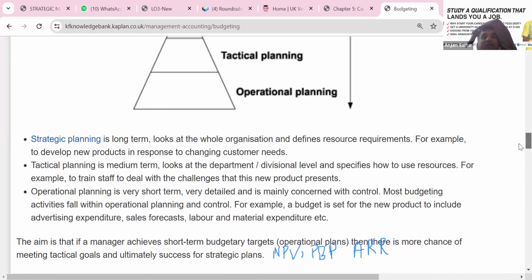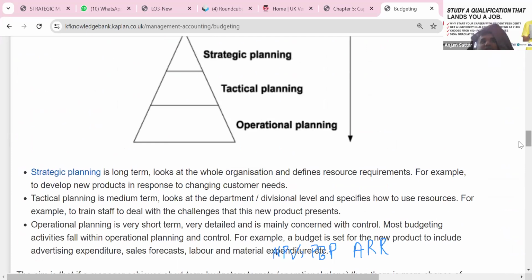Variance can be material variance. Material cost variance consists of material price variance and material usage variance. Maybe you save on the price because you bought from China and the prices are low, but maybe a lot of material is wasted, so the usage variance can be adverse and the price variance favorable.